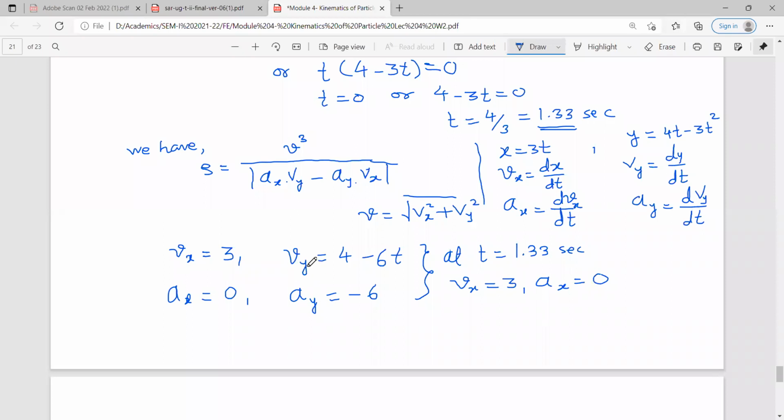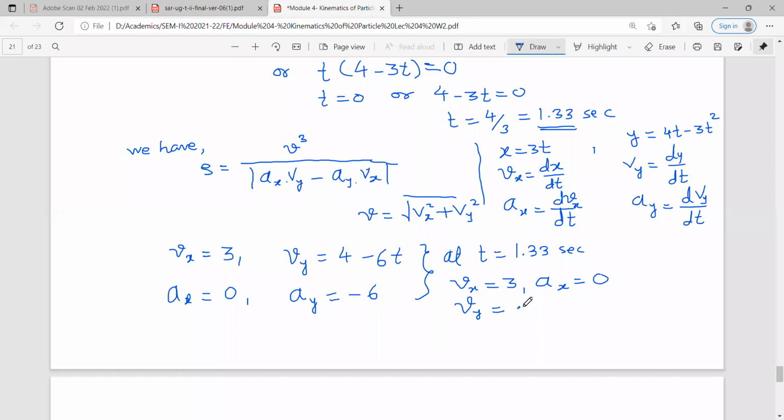Then in the formula for velocity in y direction, there is t. So put the value of t as 1.33 and tell me what is the value of the y component of velocity. 4 minus how much will it be?